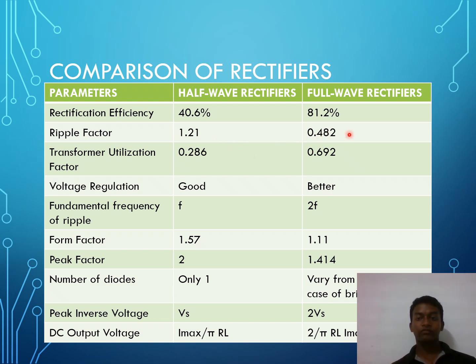So the full wave rectifiers provide less ripple, and the efficiency of the full wave rectifiers is much larger than the efficiency of the half wave rectifiers. The voltage regulation is good for half wave rectifiers, but it's better for full wave rectifiers. These are the other characteristics of these two kinds of rectifiers.